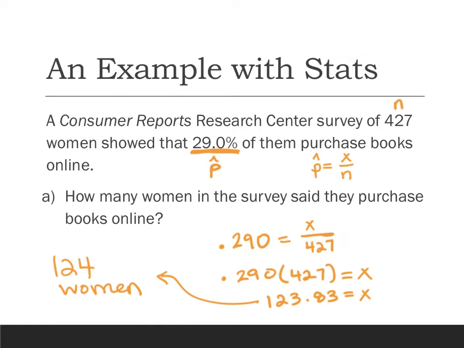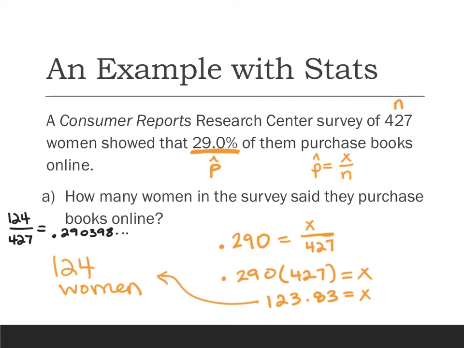There we go. So if I take 124 out of 427, I get 0.290398, and it keeps going. And so what they've done is they've just rounded this to the nearest tenth of a percentage.